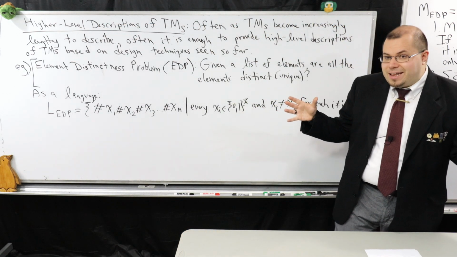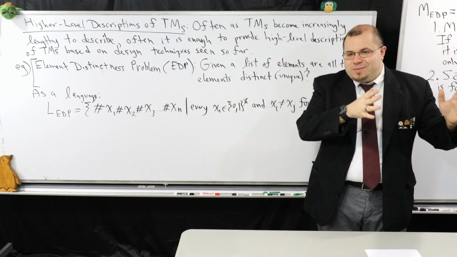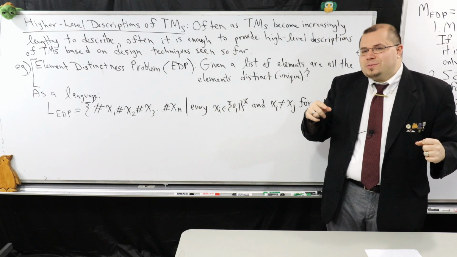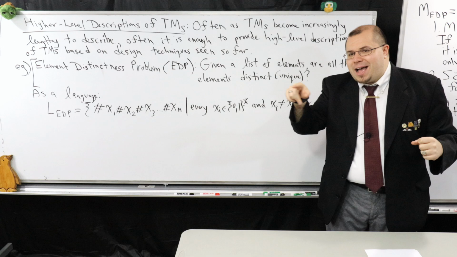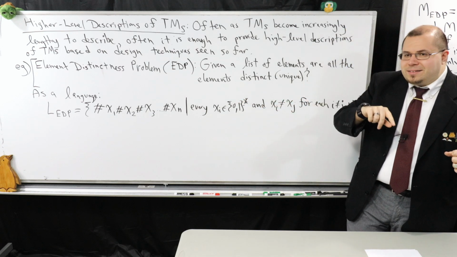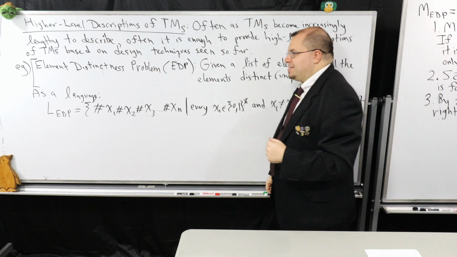We've seen some techniques. For example, we talked about how we can match symbols to see if there's equal amounts. I often described this as zigzagging, where I went back and forth and would mark symbols. This is a common design technique when you're designing your Turing machines.